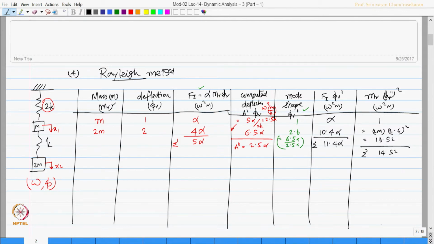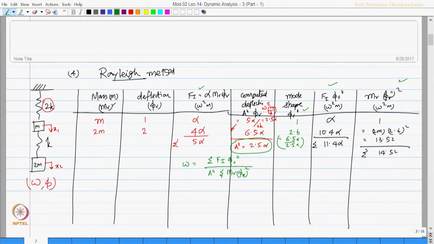Now, I want to find omega. So, I get omega as sum of f I phi r, that is this column, divided by A double prime, which is this value, into sum of m r phi r square, that is this column.